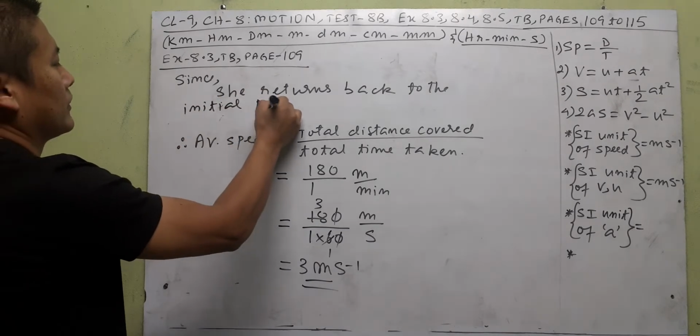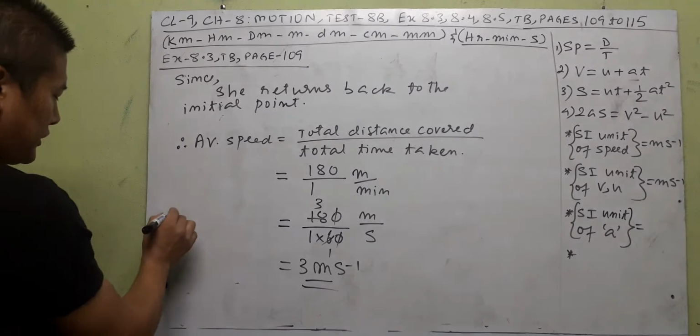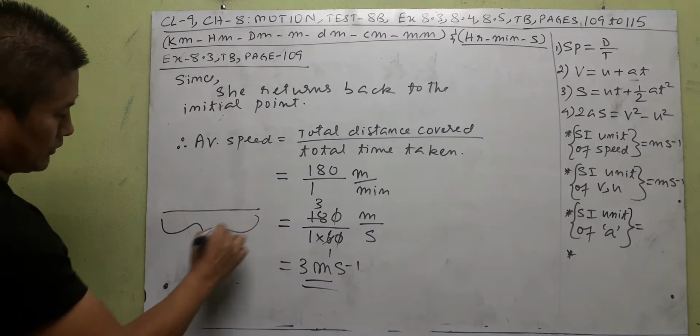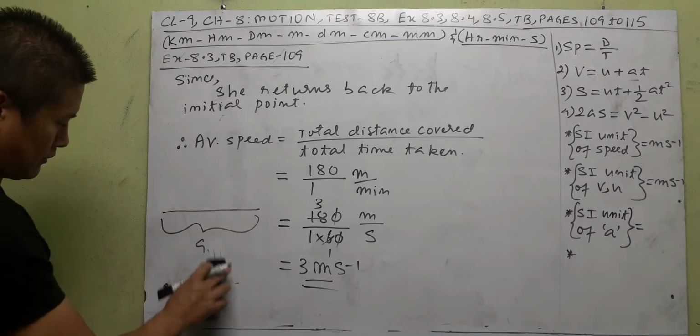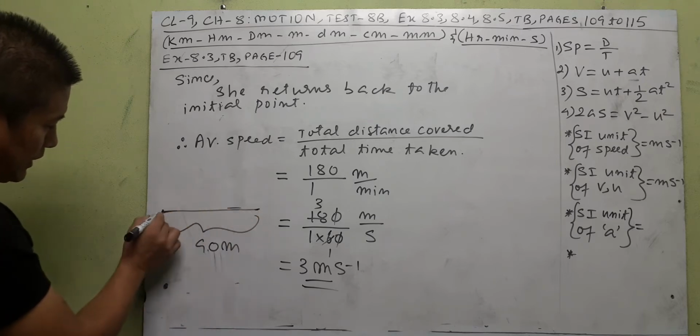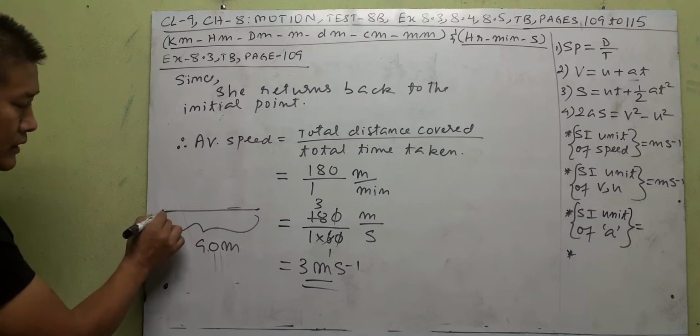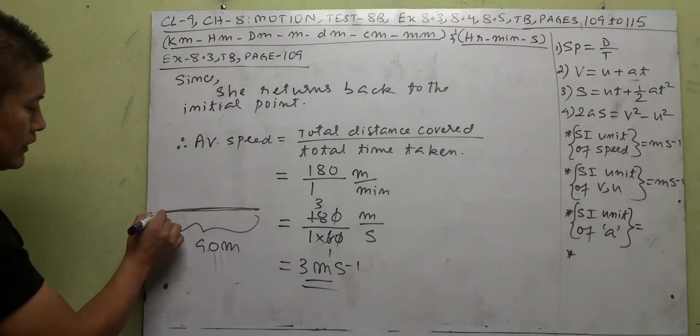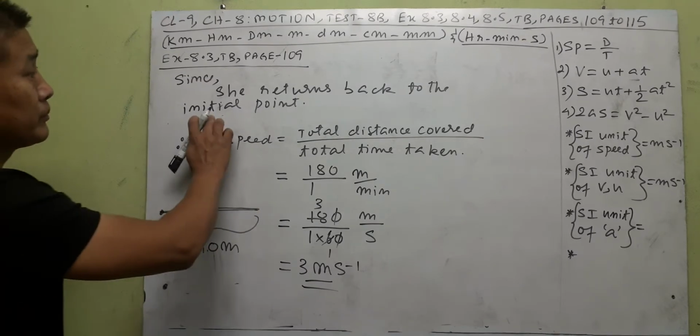Because this is what the question is saying, the pool is 90 meter long, and she's swimming from here to here and coming back, 180. So coming back to the starting point, 90 plus 90, 180 in 1 minute. So she returned back to the initial point.